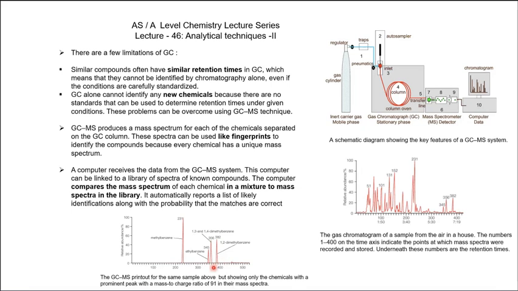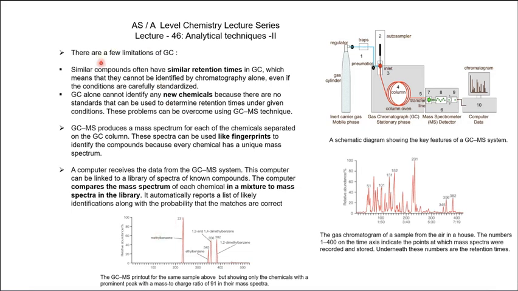This GCMS printout shows methyl benzene, then 1,3 and 1,4 dimethyl benzene peak, then the ethyl benzene peak, and the 1,2 dimethyl benzene peak. We can see that this is a very essential instrument to analyze organic molecules, and even unknown molecules, to characterize them with the help of GCMS.